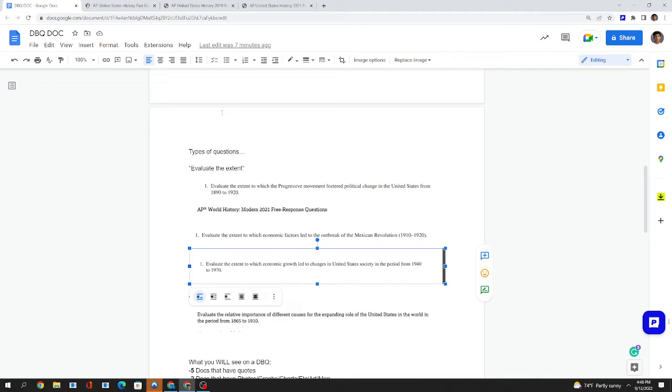So, in particular, what would I look at? For this prompt, I would look at the United States society in the period before 1940, and I would also look at the causes of the economic factors that led to the changes in the 1940s to 1970s.